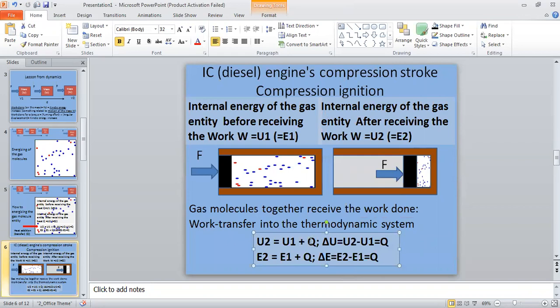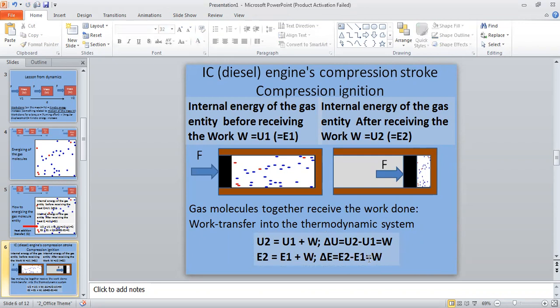The same now becomes W. This is the beauty you are seeing. Energizing can be done by adding heat or by adding work to the gas. Very nice.